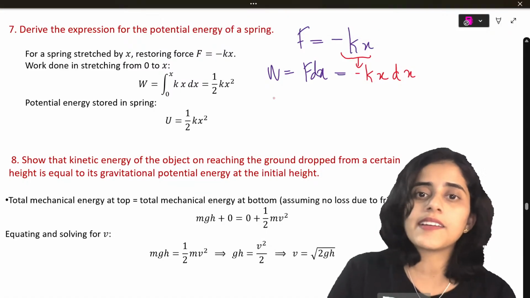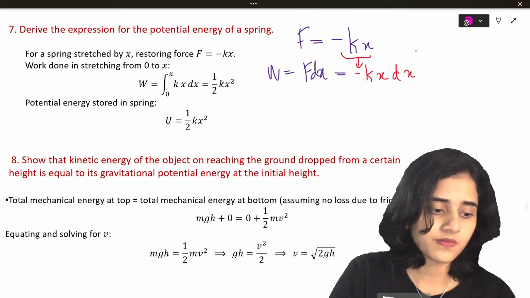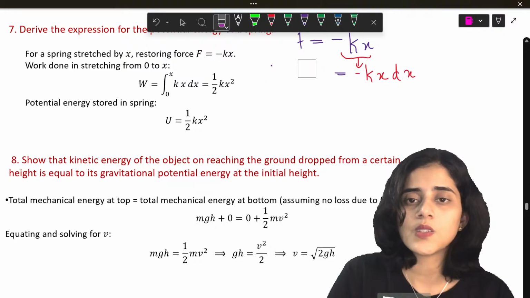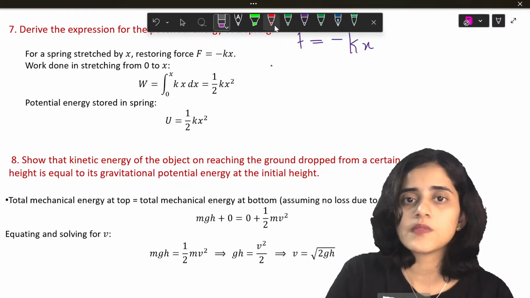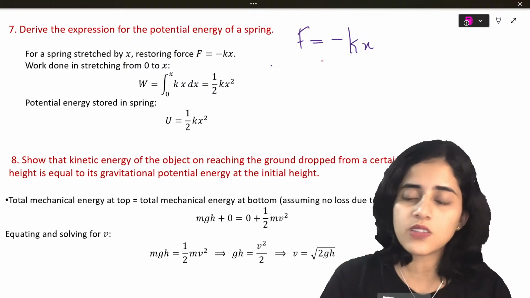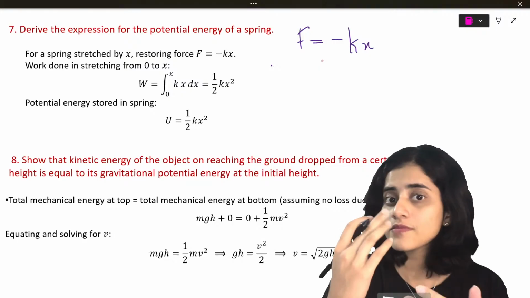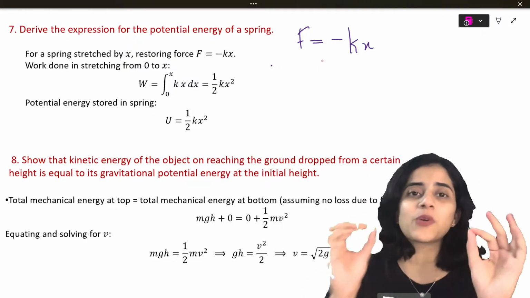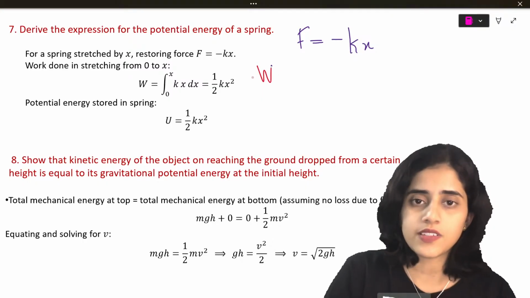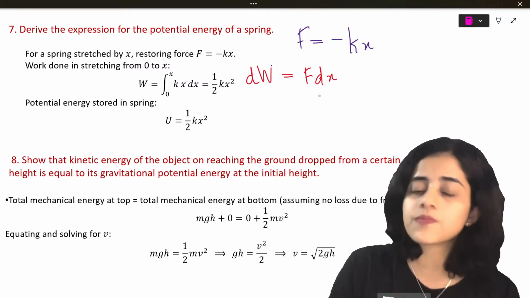Now what I'll do, I'll integrate. Force F is equal to minus kx, from the equation of a spring. So work done dW is equal to F dx.